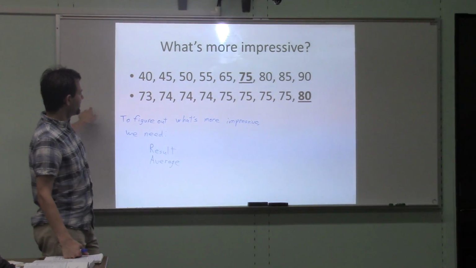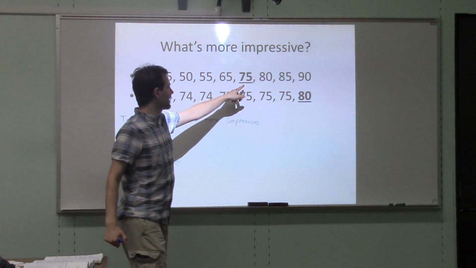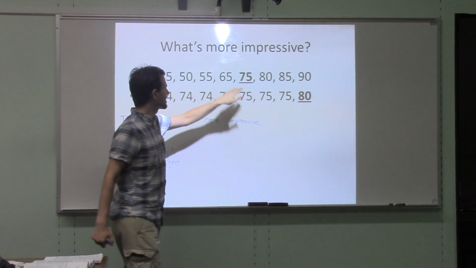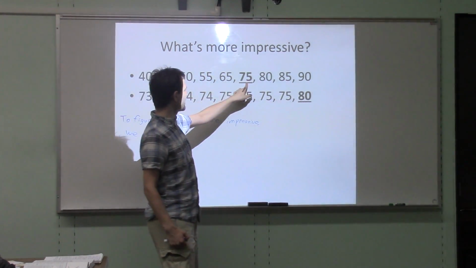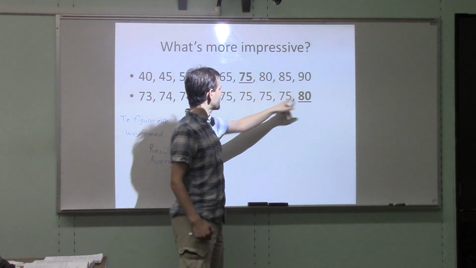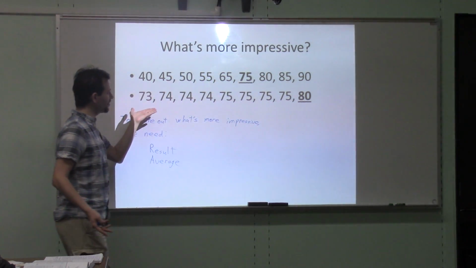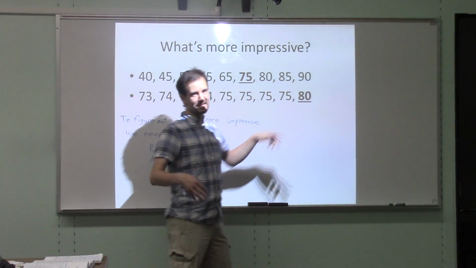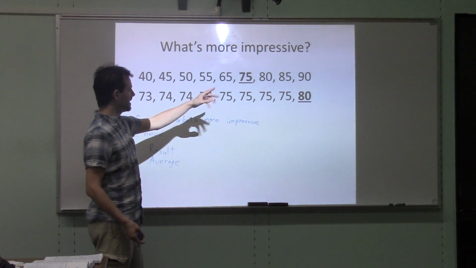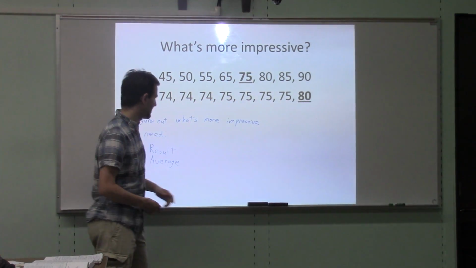At first it seemed the class average here is 65, the class average here is 75, so 10 points above the average is much more impressive than 5 points above the average. But then you get to see that everybody here got almost exactly the same grade, and so 80 really stands out as significantly higher, while over here, 75 doesn't stand out at all.